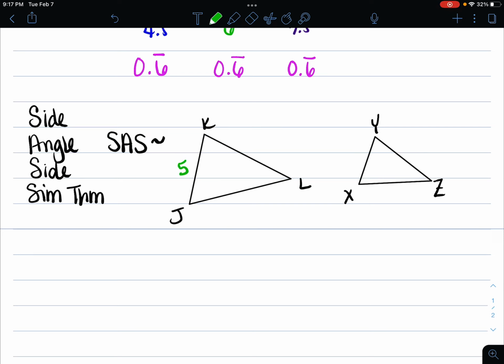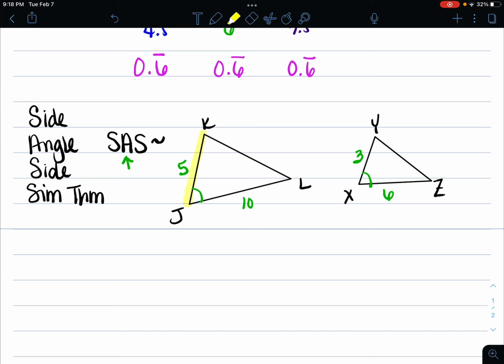Okay, so in this, I'm given that JK is 5, JL is 10, XY is 3, and XZ is 6. And then I'm also told that angle J is congruent to angle X. So we see here, if you remember from the congruence theorem, the angle is in between the sides for a reason.